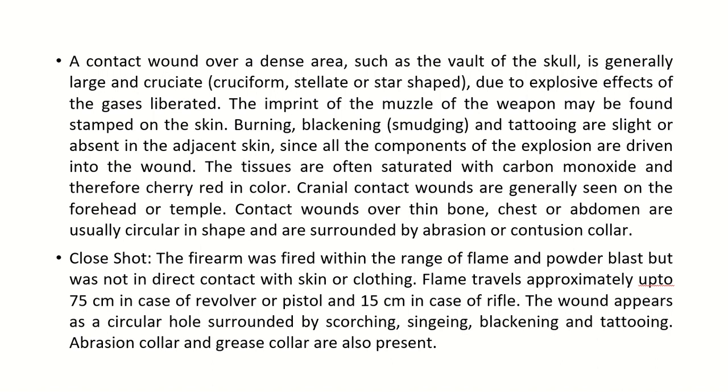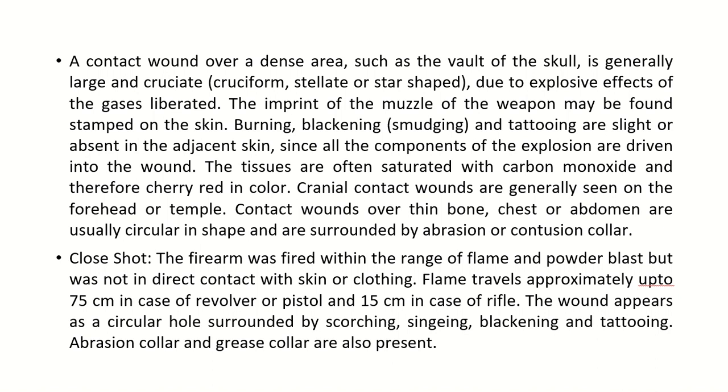Cranial contact wounds are generally seen on the forehead. The contact wounds over thin bone, chest or abdomen are usually circular in shape and are surrounded by an abrasion or contusion collar. Now the close shot: the firearm is not in direct contact with the skin but the range is less.